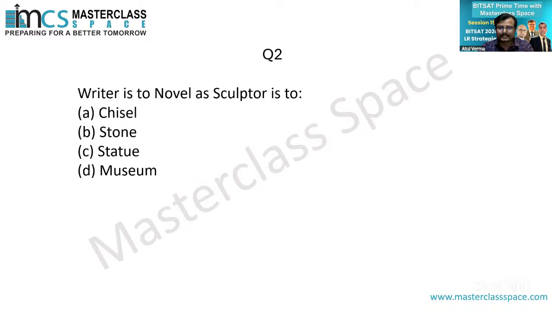What you have to understand is that chisel and stone are the material for making the statue. But in the question, writer is to novel. Novel is given, which is the end product which the writer was able to produce. Similarly, you have to see that, of course, the sculptor used chisel and stone, but for what? To create the statue. So this was another question on analogy.